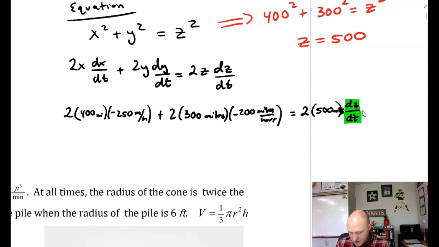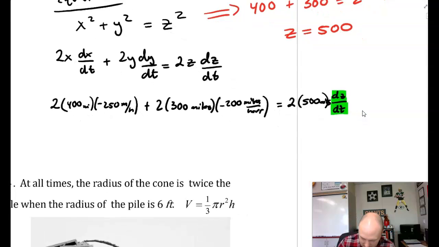Something I'm going to do just to make my life easier: I'm going to divide everything by 2, which will simplify some things. And we can also divide everything by 100, so I'm going to cancel a couple of zeros on these terms.